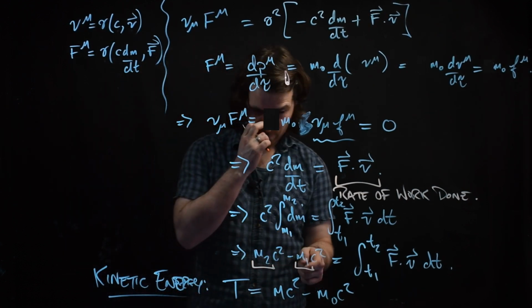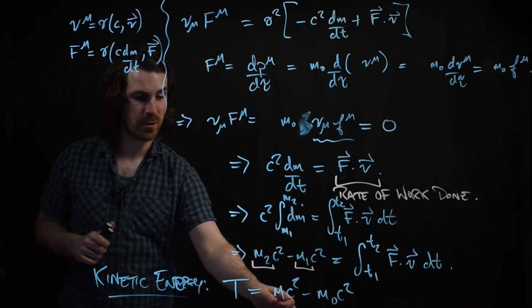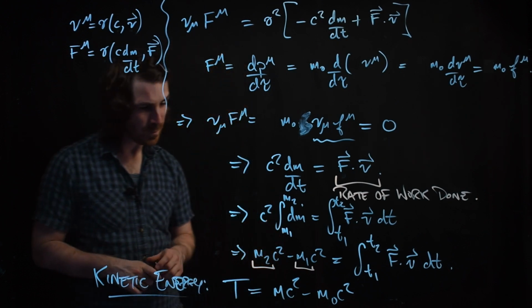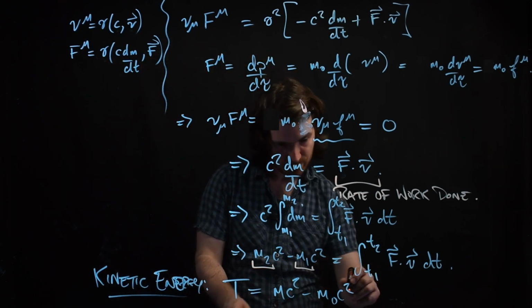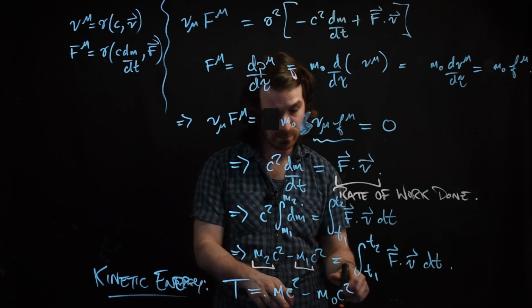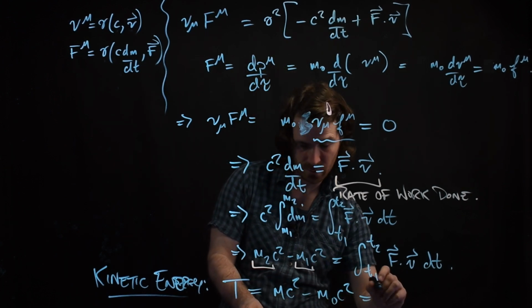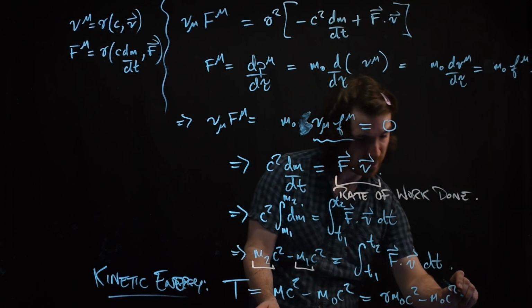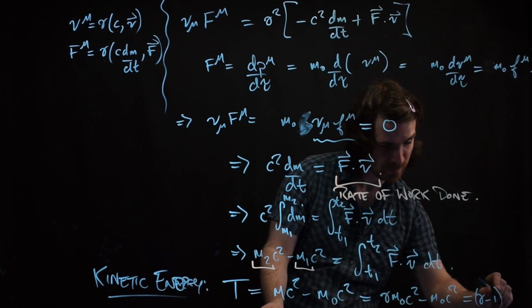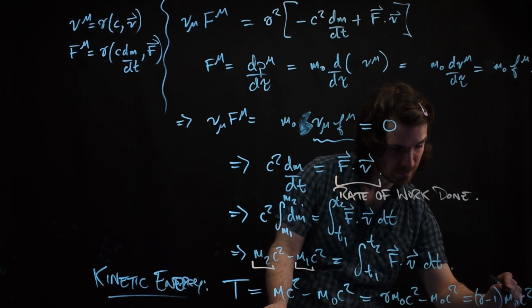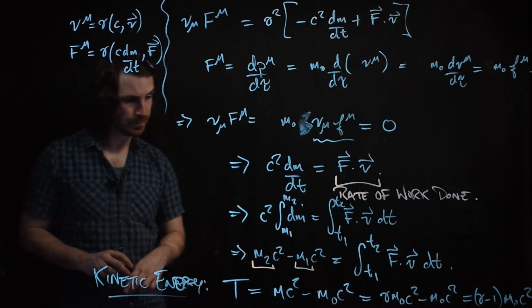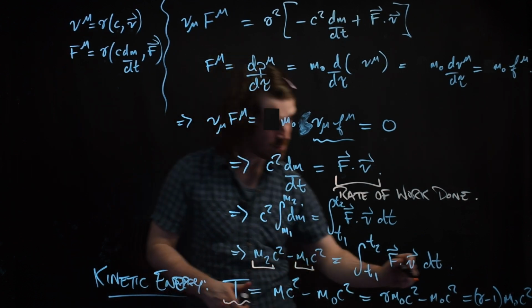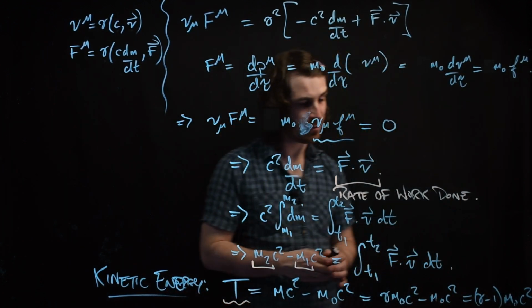If m1 we take to be at rest, then we've got m and an m0, so the mass and the rest mass. So m is equal to gamma m0, so this becomes gamma m0 c squared minus m0 c squared, which equals gamma minus 1 times m0 c squared. So our kinetic energy, T, is gamma minus 1 m0 c squared.